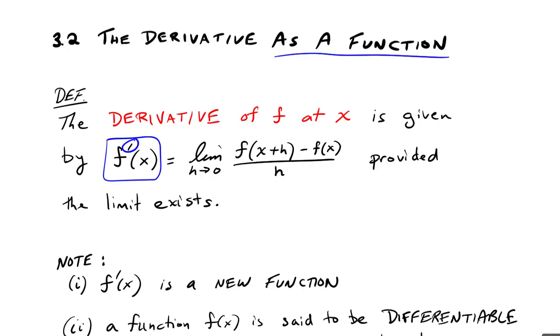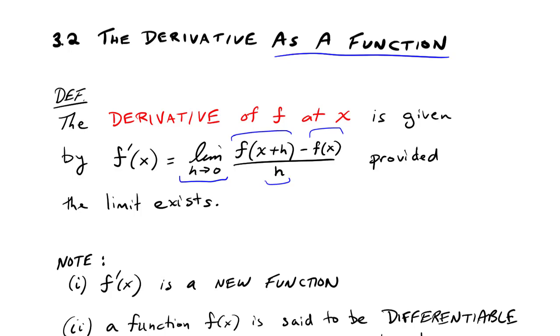So that's a little prime symbol. And that's what we say, f prime of x. That's one notation. We'll look at other notations in a minute. Equals the limit as h approaches 0 of f of x plus h minus f of x over h.